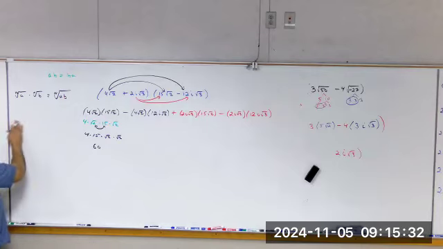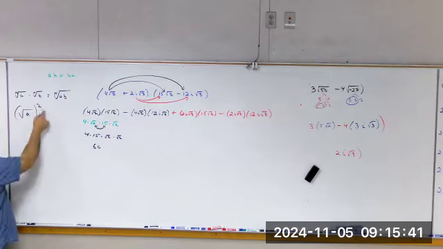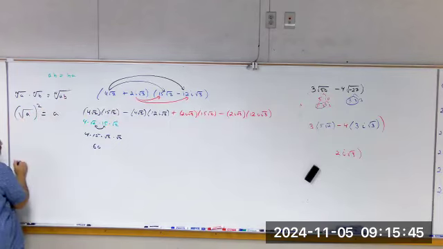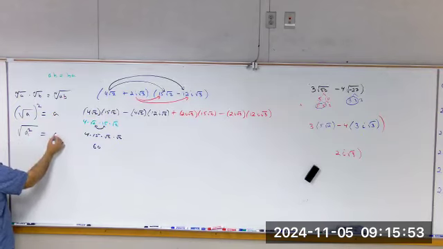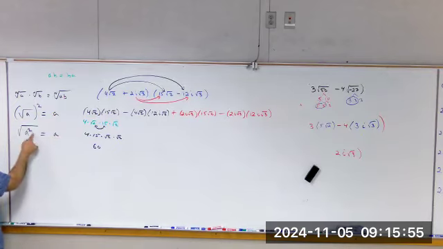Also, if you have a square root of A and you square it, a square undoes the square root and you just get A. Or if you have the square root of an A squared, the square root of a perfect square is just A. A square root undoes the square.